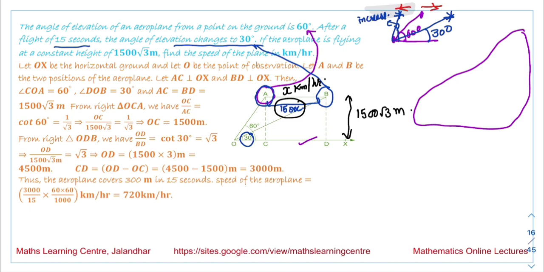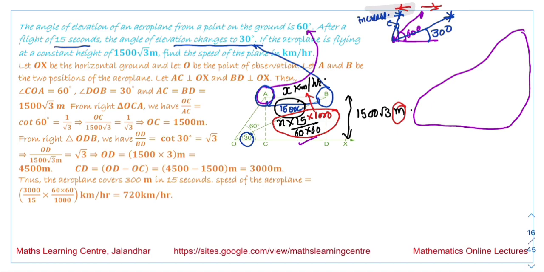So the distance traveled by this aeroplane in 15 seconds will be x into 15 by 60 into 60, and we are converting this kilometer to meters because this value is given in terms of meters. So this is the total distance traveled by the aeroplane in 15 seconds.